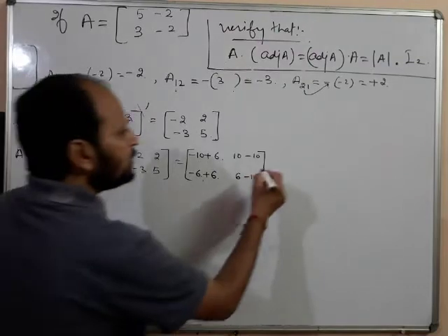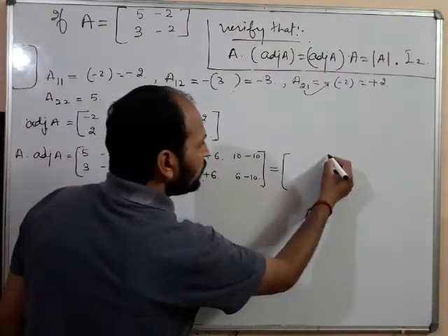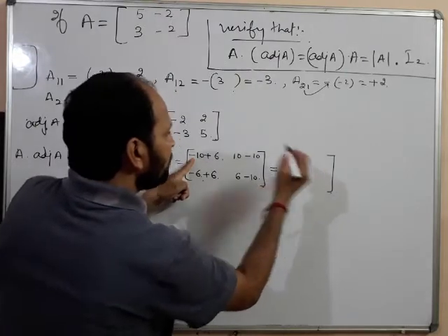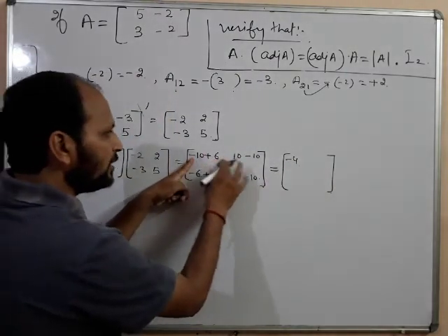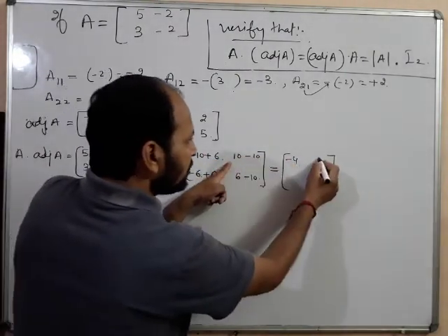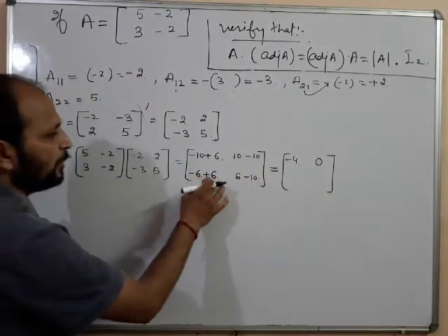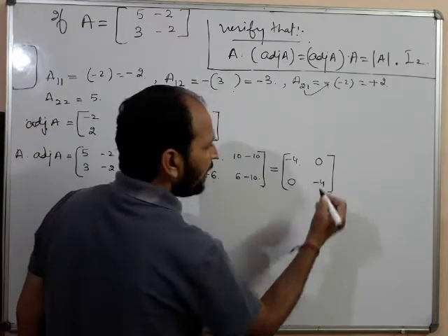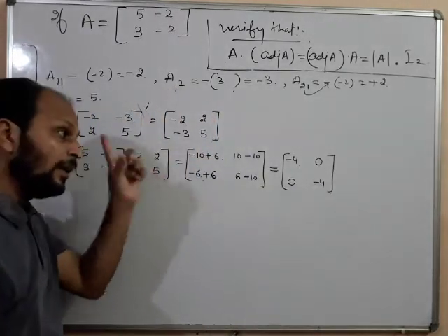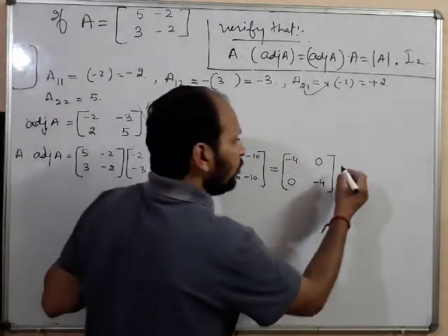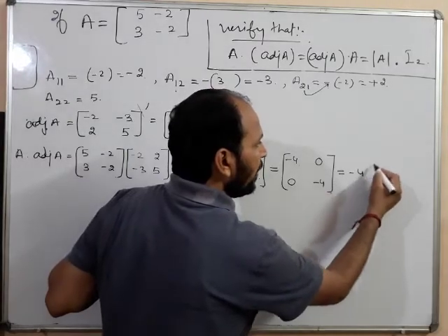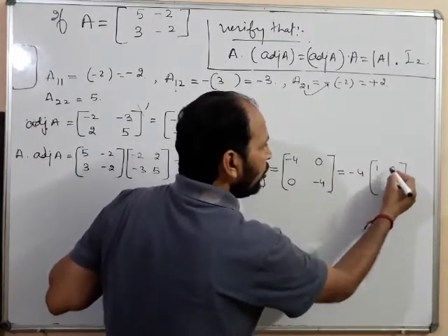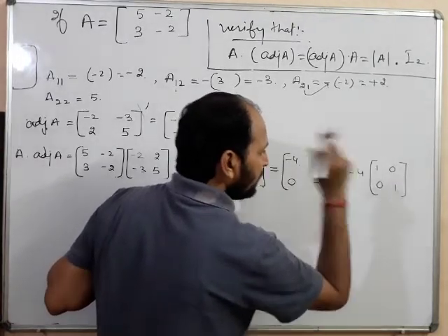That will be equal to, solving this, minus 4, this is 0, 6 minus 6 is 0, 6 minus 10 minus this. Taking minus 4 as common, that will be 1 0 0 1.